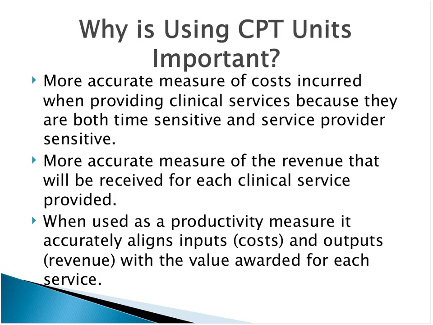So it's very simple: the more inputs you have, that is the more time you spend, the more it costs the clinic, but then you also receive more revenue for that service, at least specifically for Medicaid. So when we took a look at CPT, we said, good, we finally have a unit of service measure that is more accurate. It more accurately represents our inputs, which are our costs, and our outputs, which are our revenue.